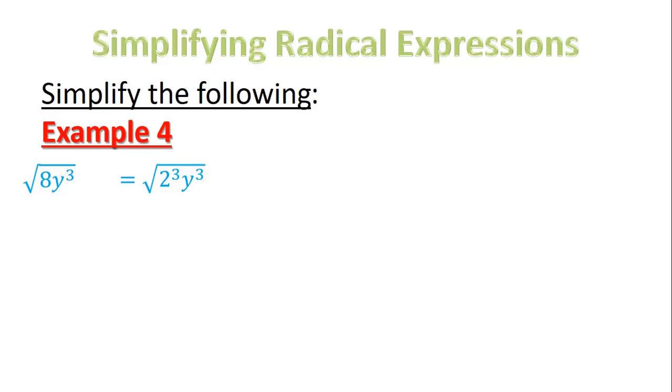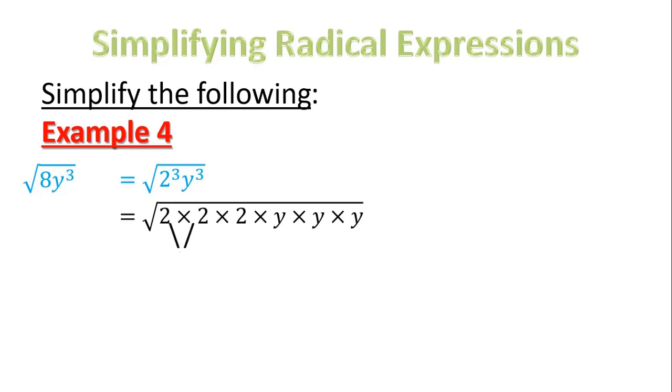So 2 cubed is 2 times 2 times 2, and y cubed is y times y times y. Now what we do is we pair each one. So my first pair, then I've got a 2 all by itself, there's nothing I can do with him yet, and then we have our first pair or set of y's, followed by 1 right at the end.